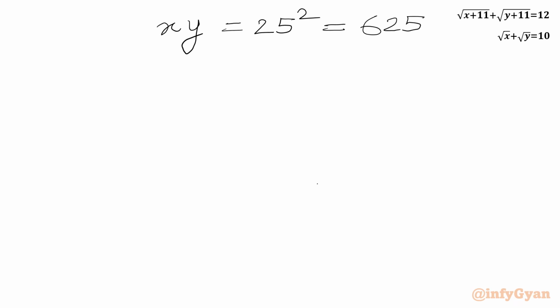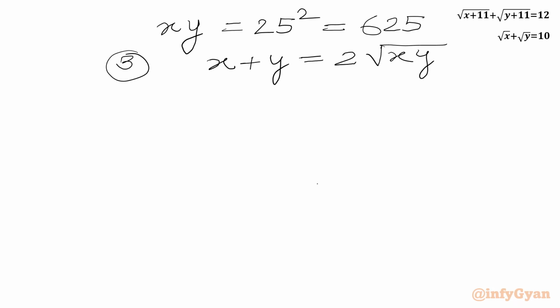Now we will consider our equation 1, or we can use equation 3 also, x plus y equal to 2 times the square root of xy. This is our third equation. Now we are going to plug in xy value, which is 625.